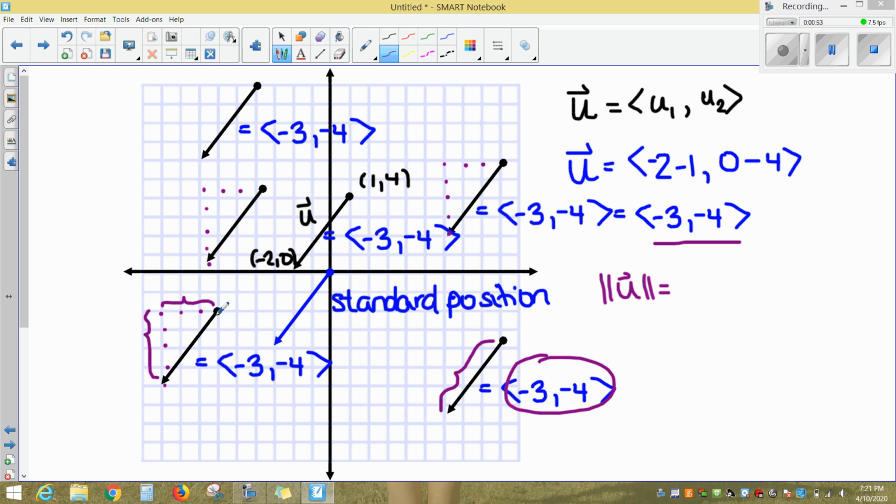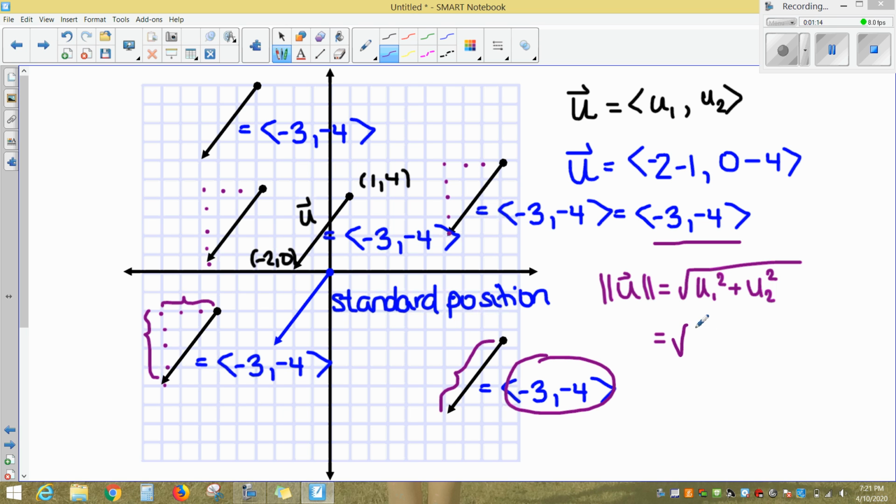So I know from my initial point I've moved 3 steps to the left and 4 steps down. So the magnitude of a vector is going to be the x component squared plus the y component squared, the square root of that.